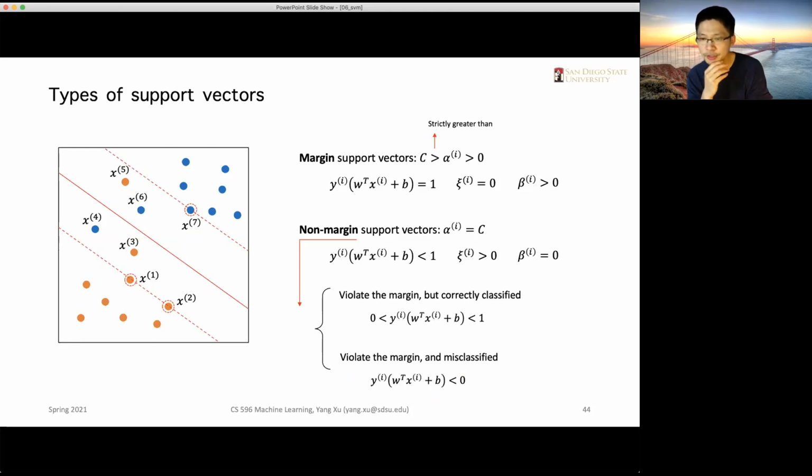Yes, I see another question. If we have multiple classification, that's a good point. One strategy is to use one versus all. If we have three classes, A, B, and C, then we basically need to build three models. We use A versus B plus C, and we consider B plus C as a second class. Then we train a second model that classifies B versus non-B, and a third model for C versus non-C.